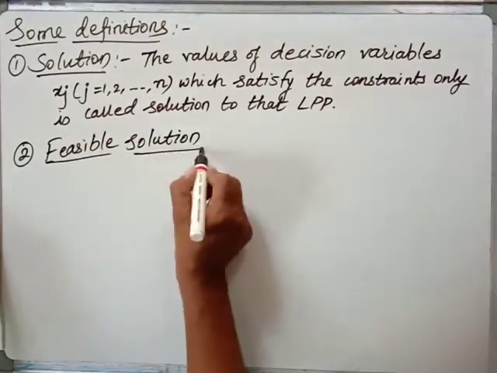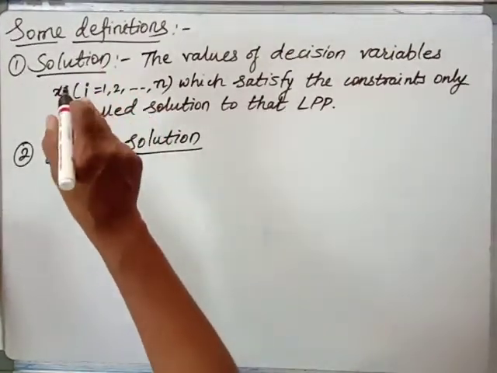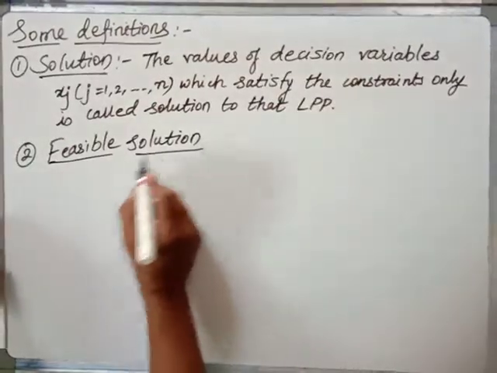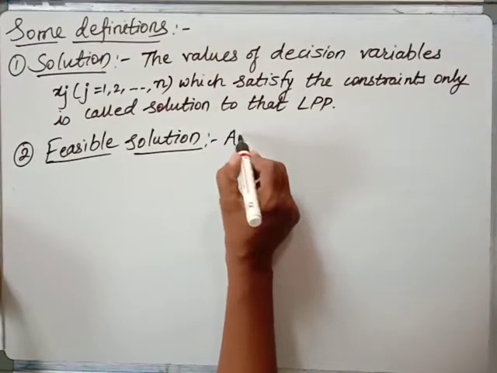Now similarly the next definition is of feasible solution. This feasible solution is one type of solution, but it also satisfies the non-negativity constraints.